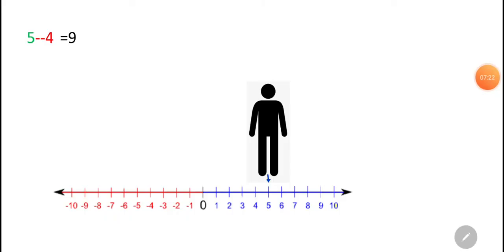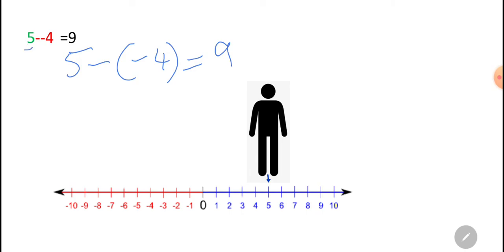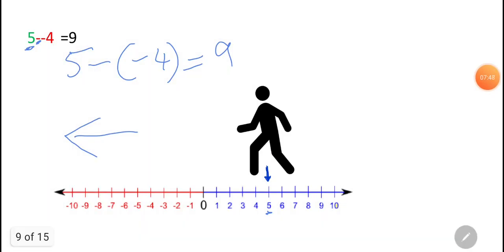So if we're doing 5 take away negative 4, let's write it down like that: 5 take away negative 4. We know the answer is 9, but let's use the number line. Because we're starting off at 5, the man is standing at 5, and then because of the operation of take away, the man's going to face the left, so he's going to turn to the left, like so.